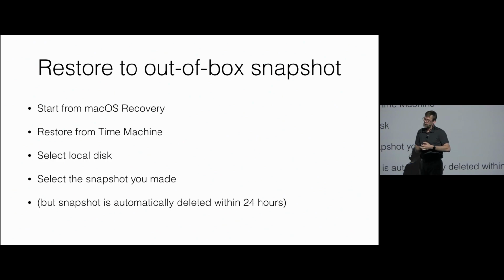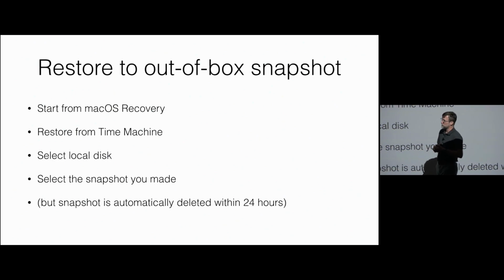I haven't found a way to keep macOS from deleting that snapshot, because it would be great if after 3 months of being in use, someone could bring me back that Mac and I could start from macOS Recovery and choose that snapshot and then get it fresh out of the box. Well, I can't do that now.